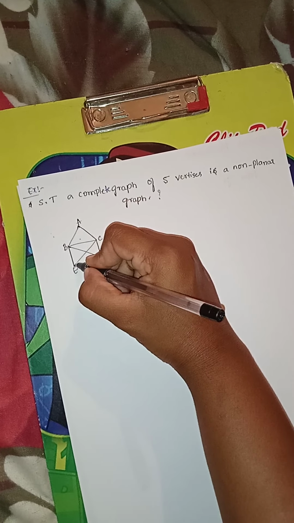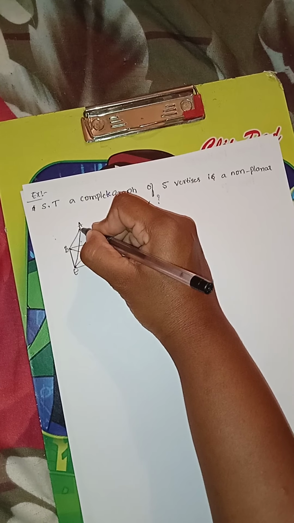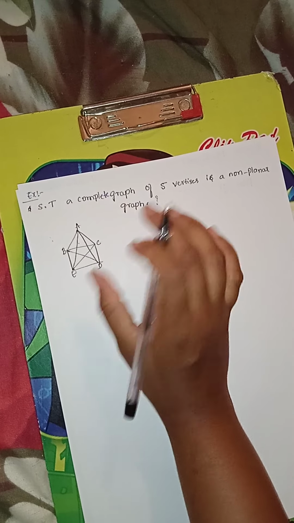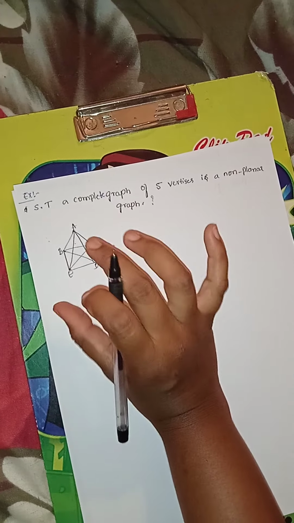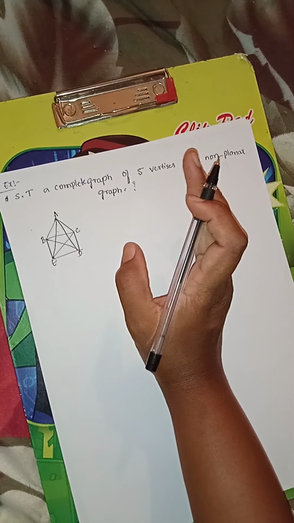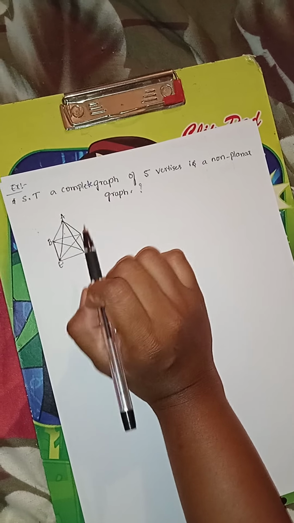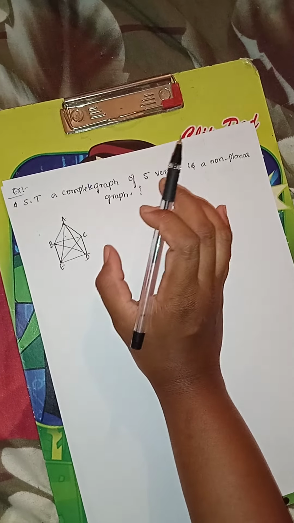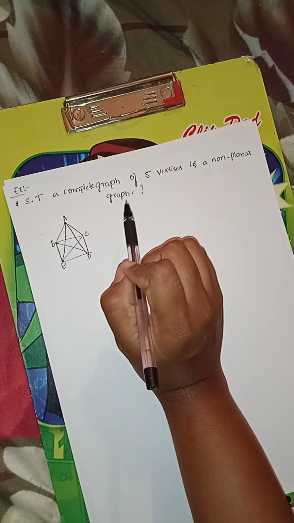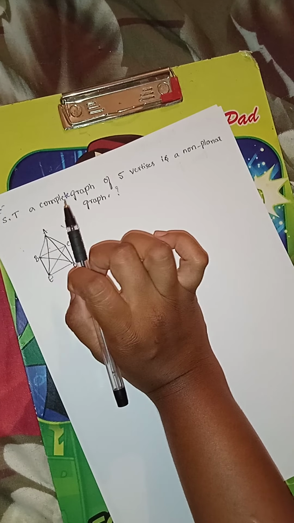No, because E is not connected to A. So we connect E to A and D to A. Now each vertex is adjacent to every other. A and C, A and B, A and E, and A and D are connected by edges. Now it is considered a complete graph.